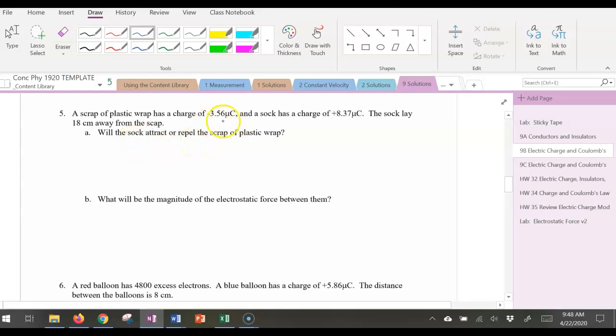Well, one of them is negative, and one of them has a positive charge. So, because they have opposite charges, they will attract each other.